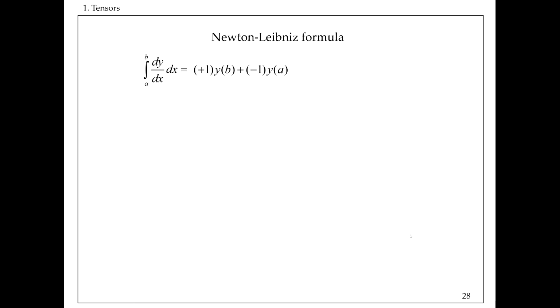And as you know, the result is nothing but, okay, we just integrate dy dx, so that will automatically be the function y, and then we substitute our values at the boundary of the integration, a and b. Typically you just have plus and minus here, but without changing much of the rules, more explicitly put here plus 1 and minus 1. Otherwise we would simply write y at point B minus y at point A, and that is the result of such integration.